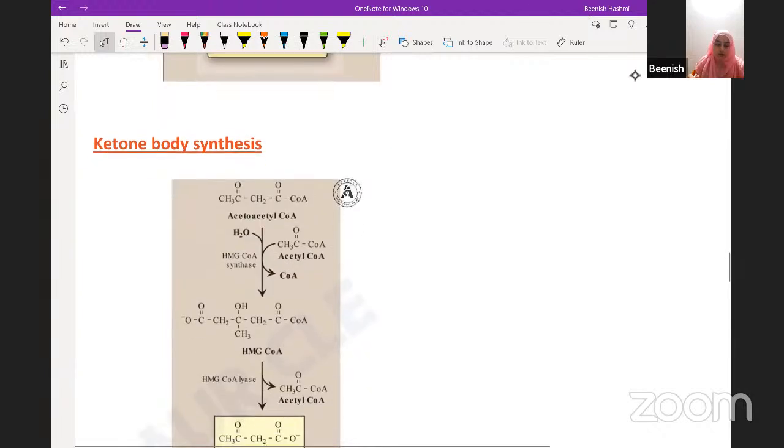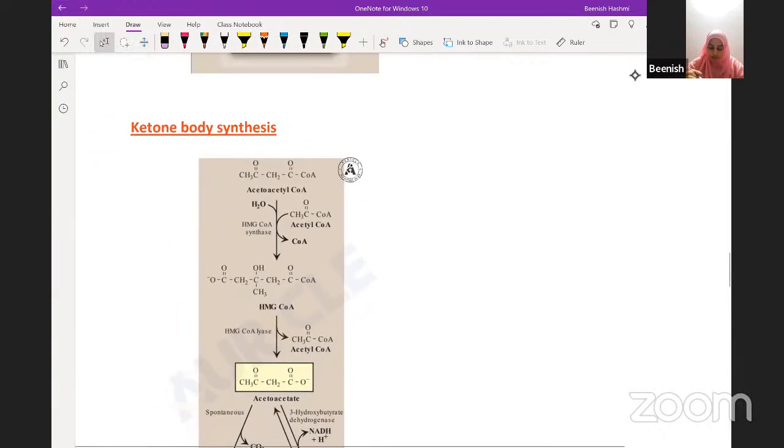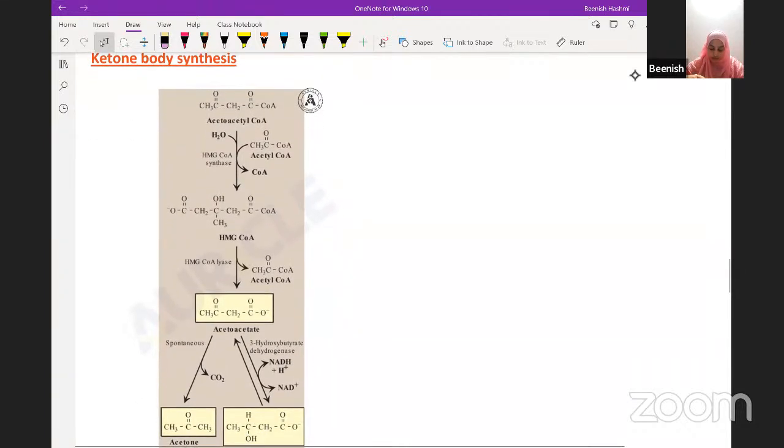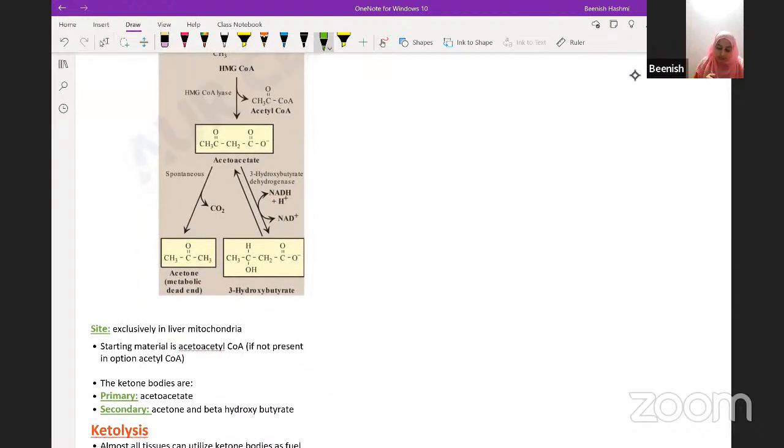Okay. Moving on to ketone body synthesis. So this is the pathway of ketone body synthesis, how your ketone bodies are synthesized. It takes place exclusively in liver mitochondria. The starting material is acetoacetyl-CoA.